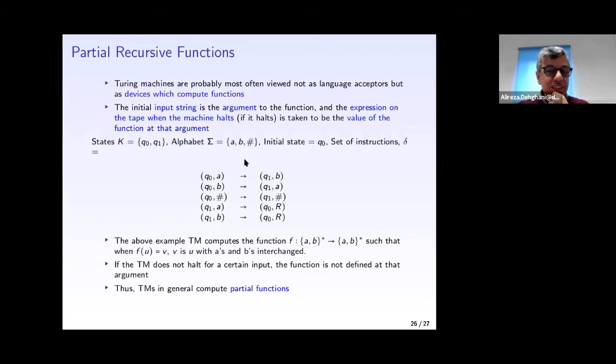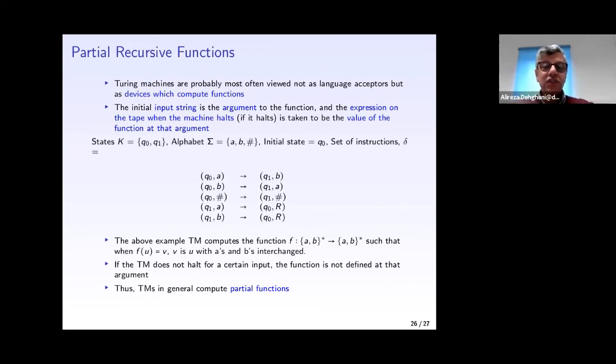If you remember, we said a Turing machine can do a little more computation than just accepting or rejecting strings. So, partial recursive functions. Turing machines are probably most often viewed not as language acceptors, but as devices which compute functions. That gets interesting. We are going toward computers, right?